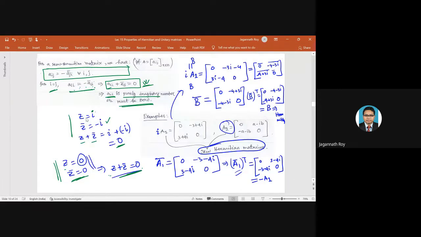So if we have a matrix A1 of this form, and you multiply with i, then it will become a Hermitian matrix. The given matrix A1 is actually a skew Hermitian matrix. Now if you multiply with minus i, then it will also become Hermitian.